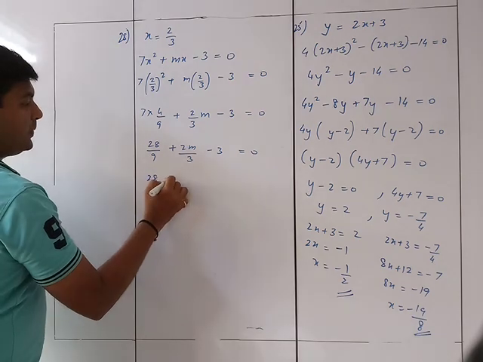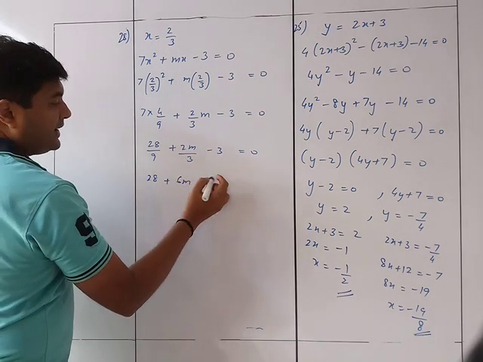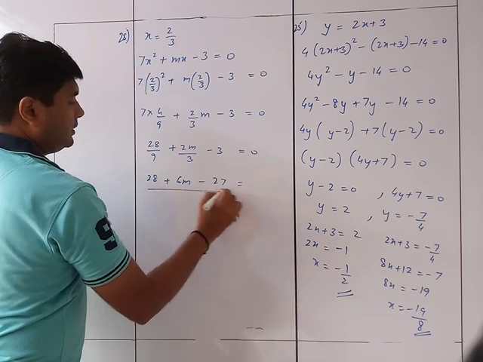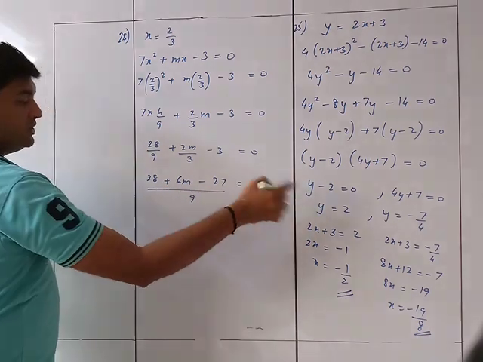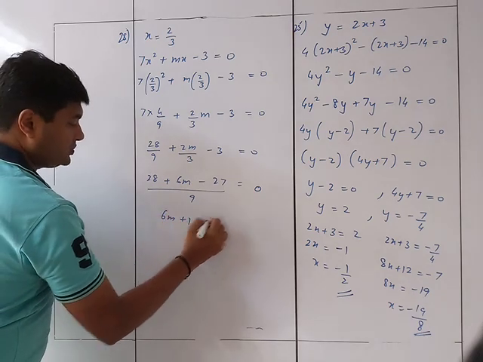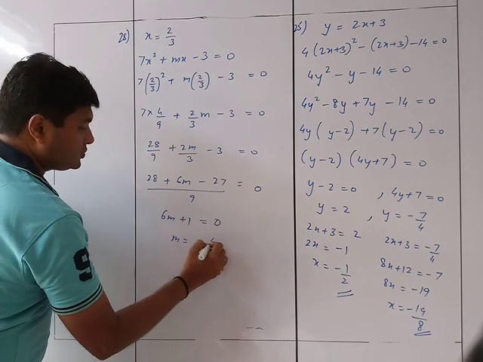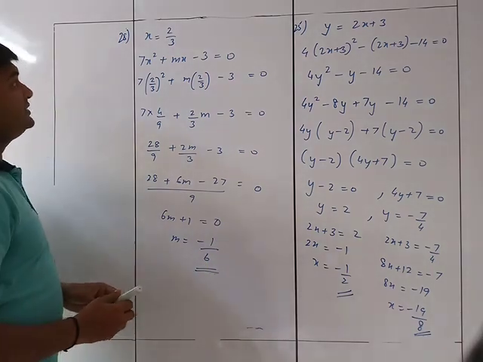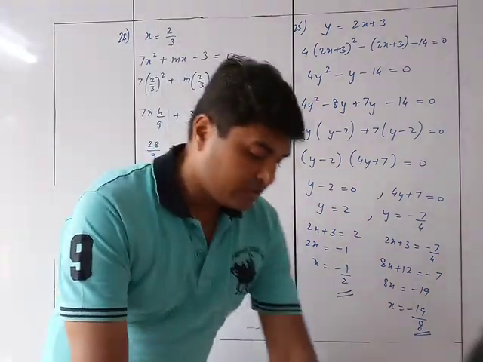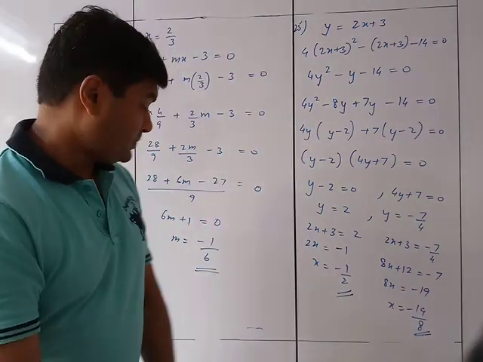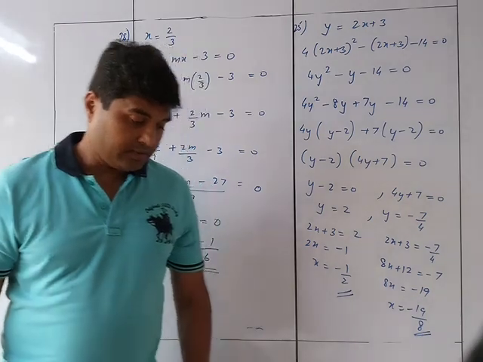So 28 plus 6m minus 27 is equal to 0. 9 goes here, becomes 0. This and this becomes 1. So 6m plus 1 is equal to 0. m is equal to minus 1 upon 6. So that will be the answer for the 28th question, right?